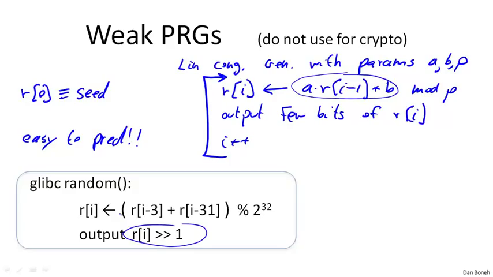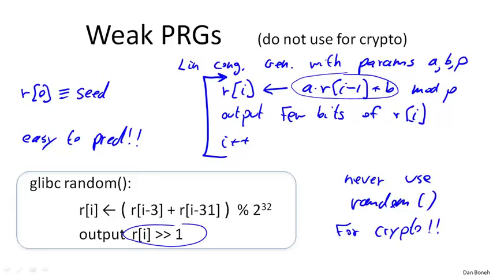So the lesson I want to emphasize here is: never ever use the built-in glibc function random for crypto, because it doesn't produce cryptographic randomness, in the sense that it's easy to predict. In fact, systems like Kerberos version 4 have used random and have been bitten by that. So please don't make that mistake yourself.